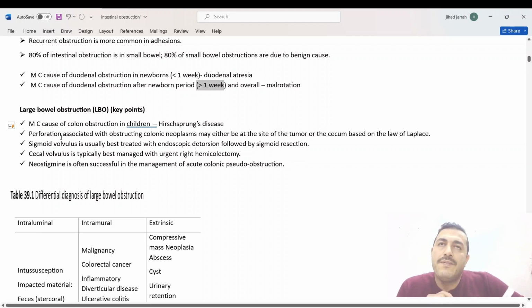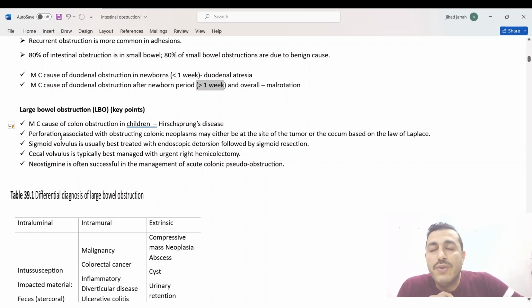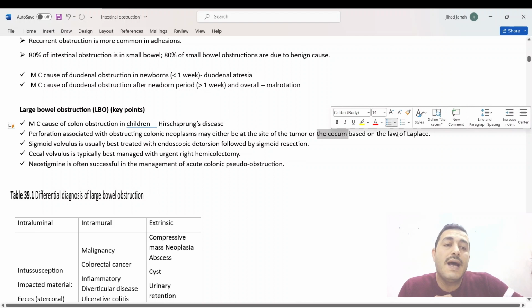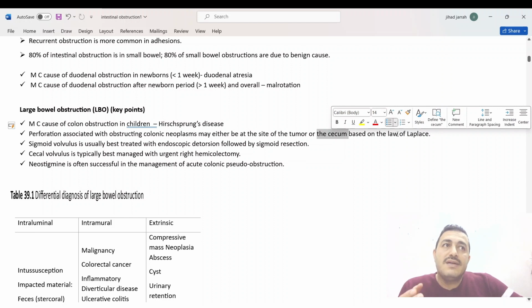But if perforation happens due to obstruction in the colon, the most common site to be perforated is the cecum. This depends on Laplace's law: the larger the diameter, the lesser the pressure needed to cause perforation.